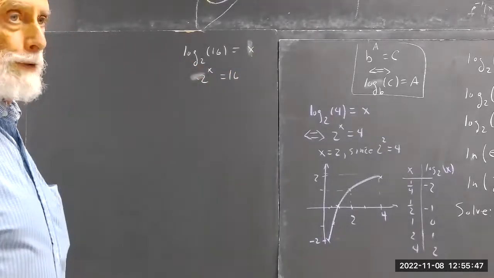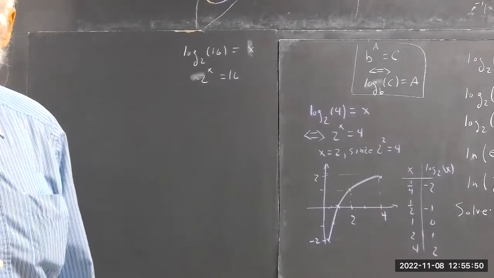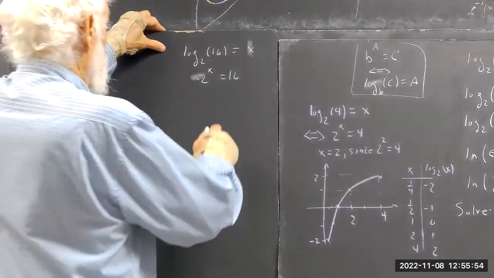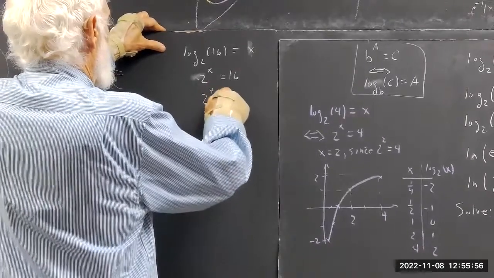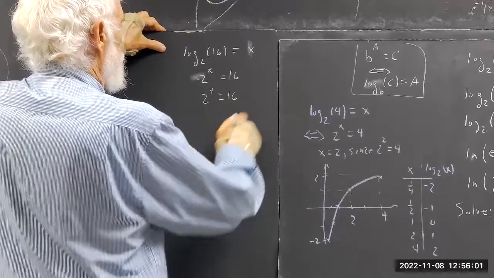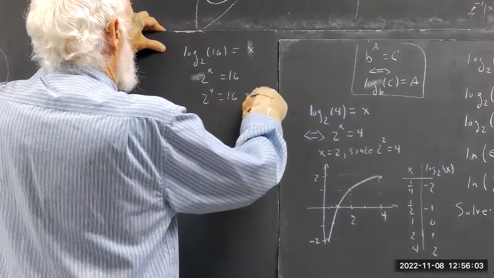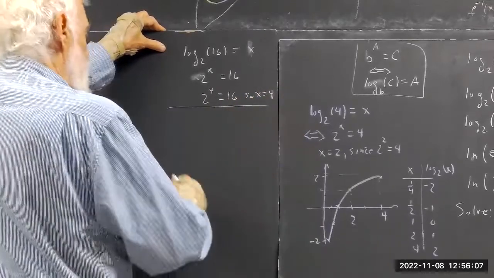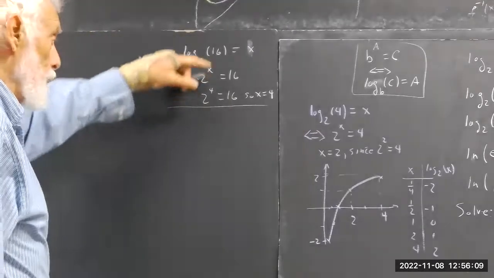And you can just take powers of 2 until you hit 16. Okay, so 2 to the 4th power equals 16. So x equals 4.